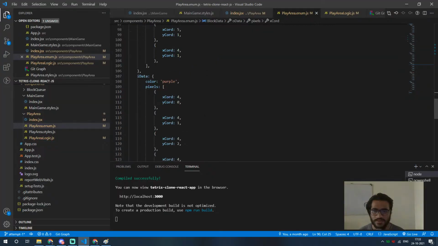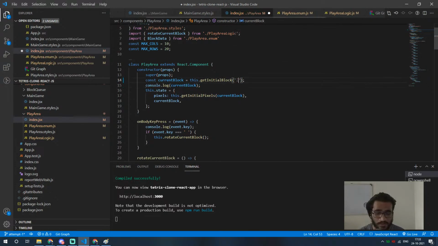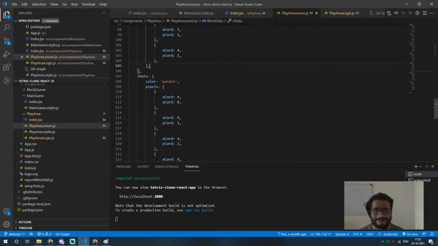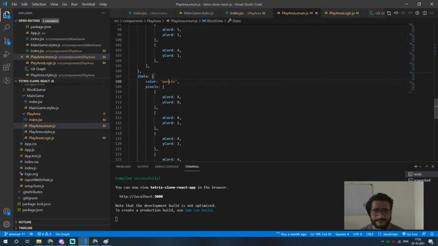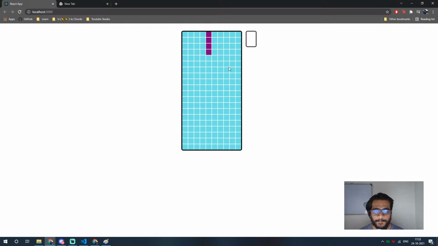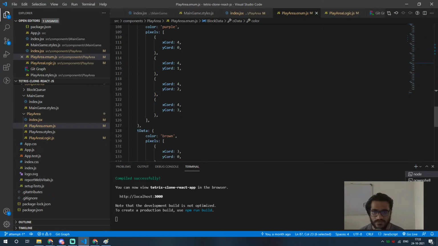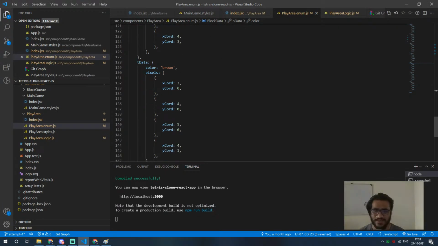And then for I, the sequence is 4041 4243. This is how it is simple.